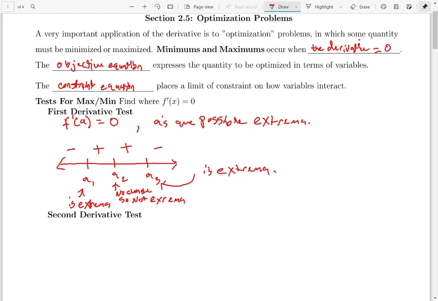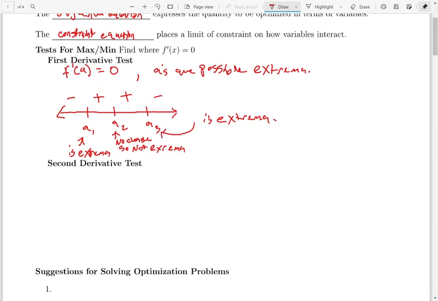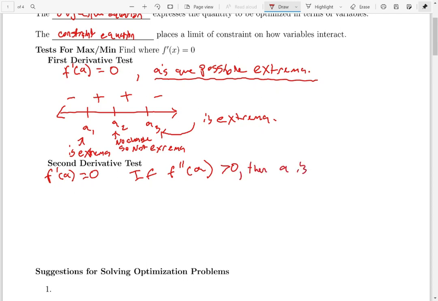But recall that you can use the second derivative. Remember that if the first derivative for a values gives us 0, then once again a's are possible extrema. This still applies when we talk about the second derivative test. But specifically, if f double prime of a is greater than 0, then a is a minimum.